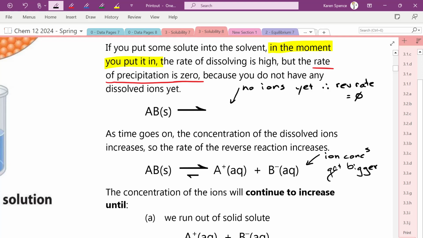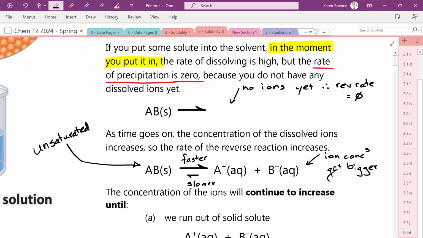However, we still have a forward rate faster than the reverse rate, which is slower. And if that's the case, are we saturated or are we unsaturated? We are still unsaturated. Yes.